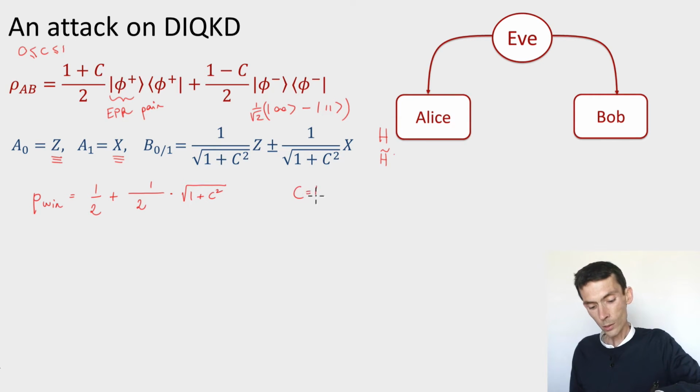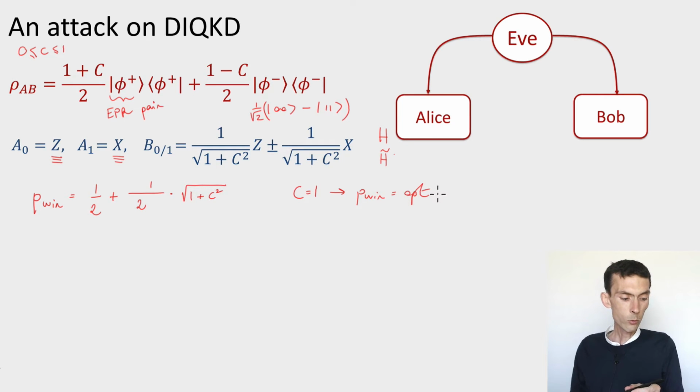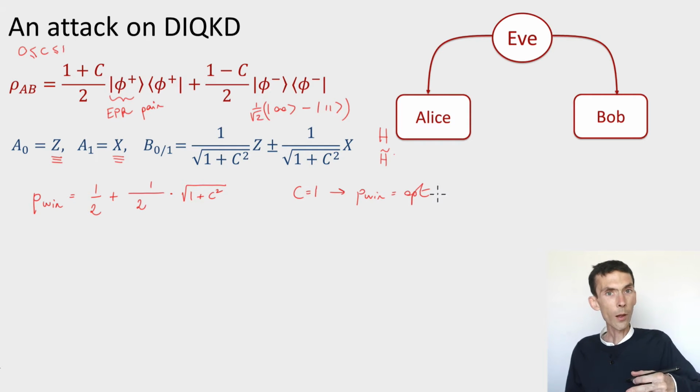C equals 1, of course, because it's the optimal strategy. But if C goes away from 1, this decreases away from the optimum success probability. So we have a one parameter family of strategies here, where as you change C, not only the entangled state changes, but also the measurements being performed by the Bob device change, and the success probability in CHSH slowly decreases away from the optimum as you decrease the parameter C away from 1.